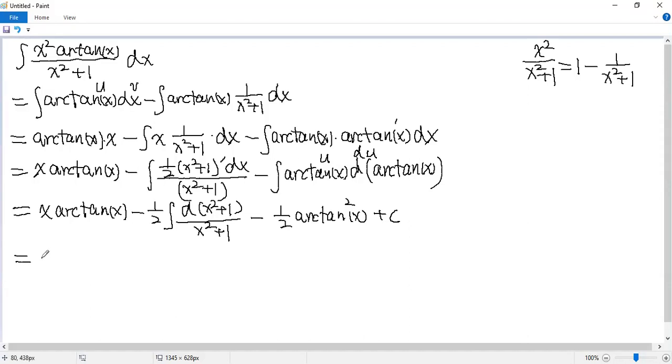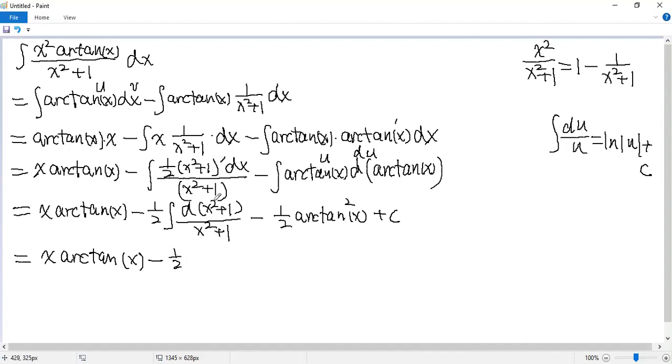Let's move on. So x arctan x minus half. At this point, we can use the well-known formula: the integral of du over u equals ln of the absolute value of u plus a constant c.